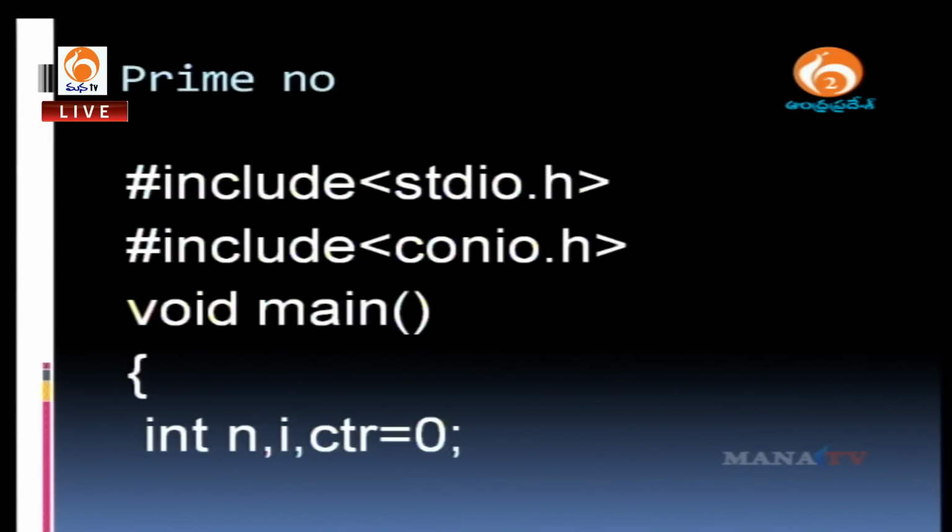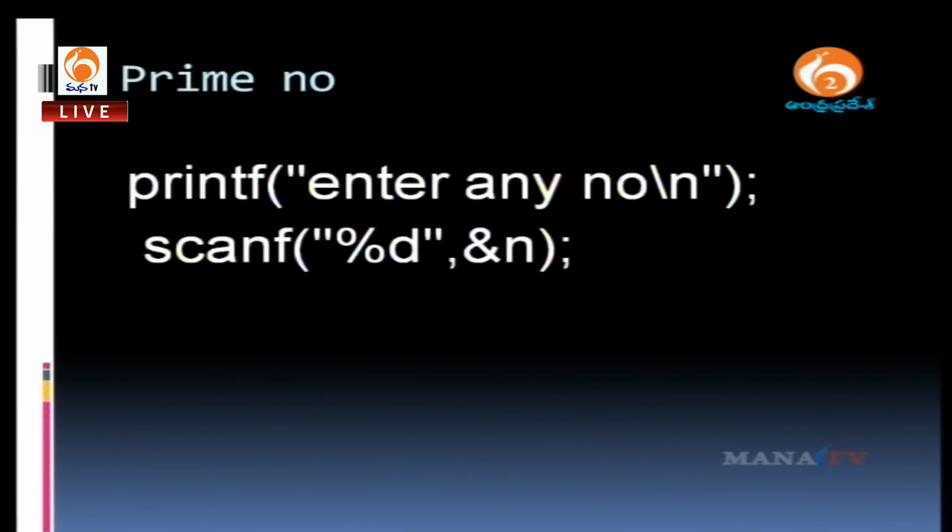See, this is the logic for the prime number. Here also I am taking 3 variables: n, i, and ctr, counter equal to 0. I am initializing counter equal to 0. First I am asking the user to enter any number, and that number is stored into variable n.